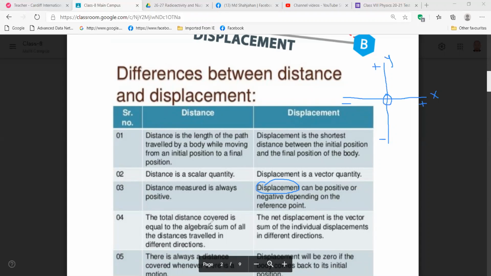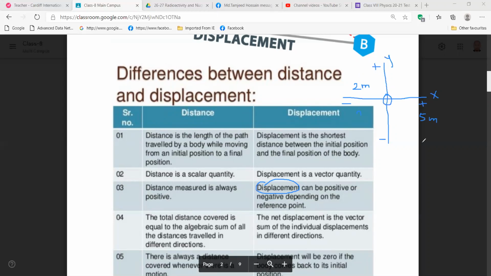At the beginning, you are going to the right side 5 meters. I'm showing you again, I'm giving you the example. Right side you are going 5 meters first, then you are going 2 meters left.